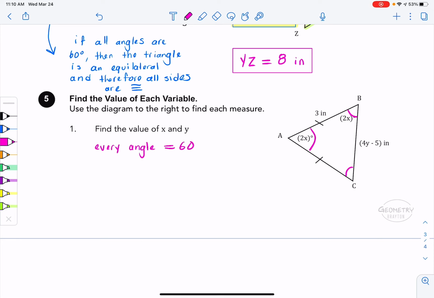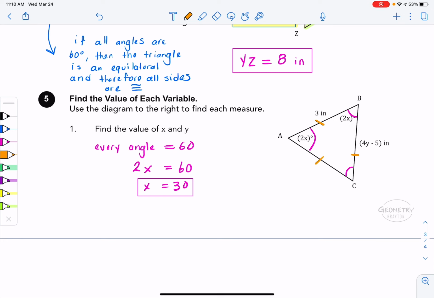So knowing that every angle is equal to 60, I know that every angle is represented with 2x, so 2x must equal 60, and in that case, x is equal to 30. Because we now know that we have an equilateral triangle, because we have 3 equal angles, we also know that every side is equal.